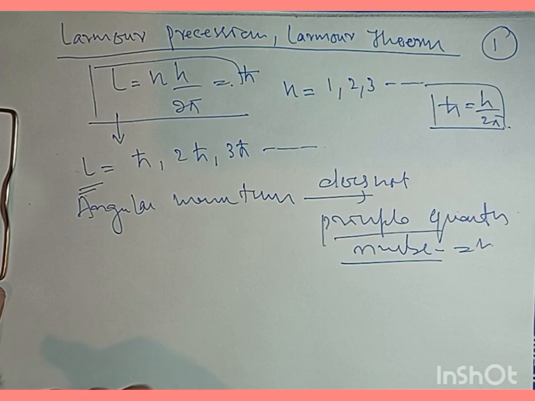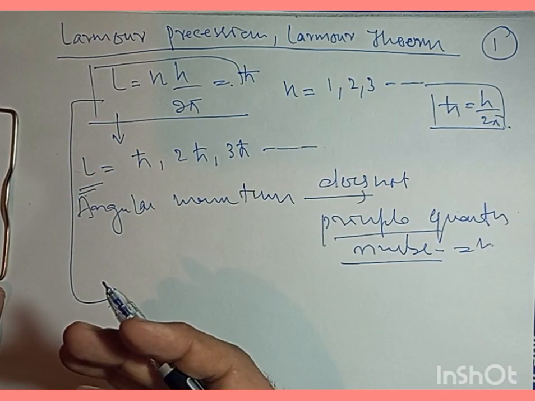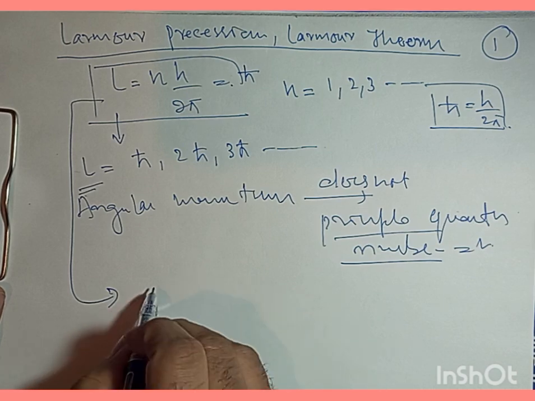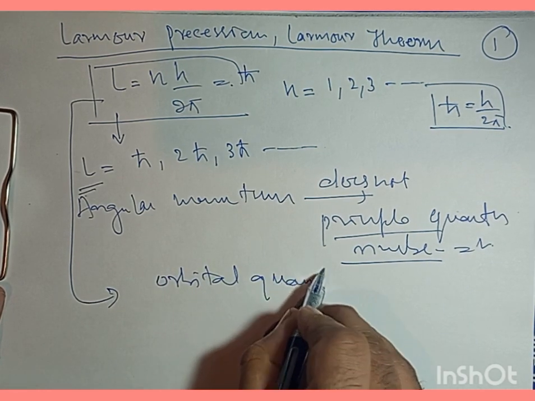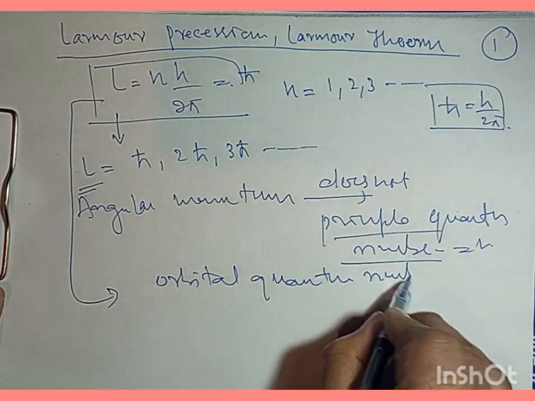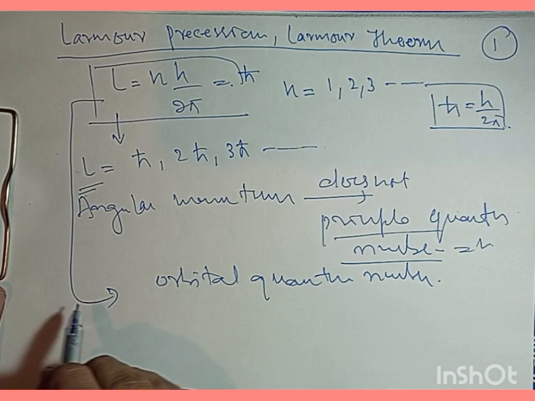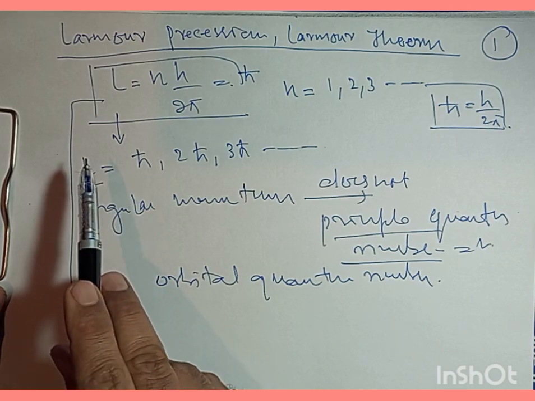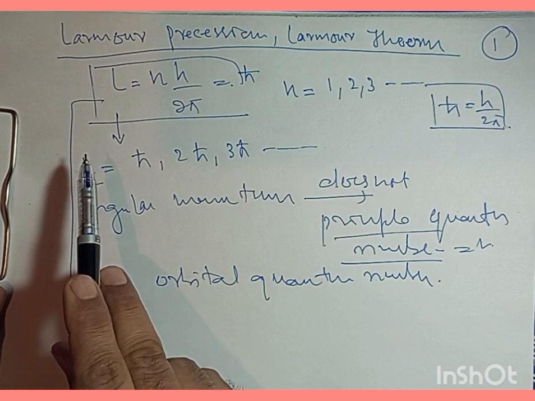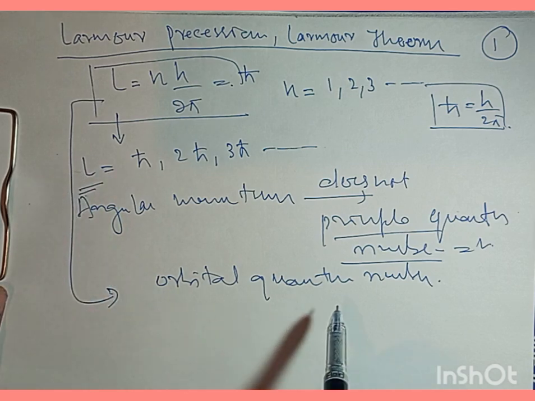But this angular momentum depends on a quantum number known as the orbital quantum number. So this angular momentum of the revolving electron depends on the orbital quantum number.